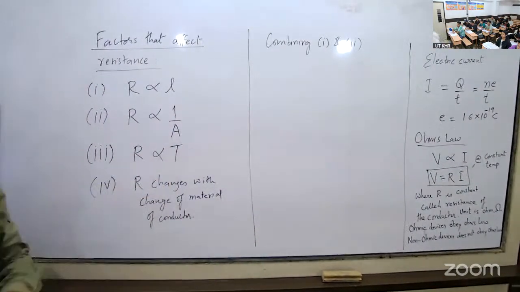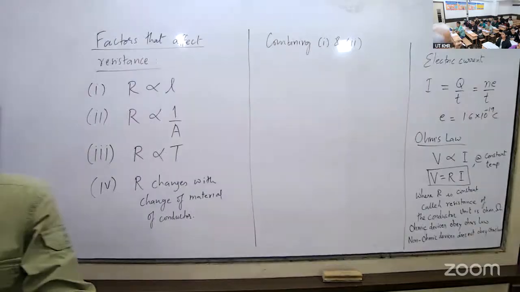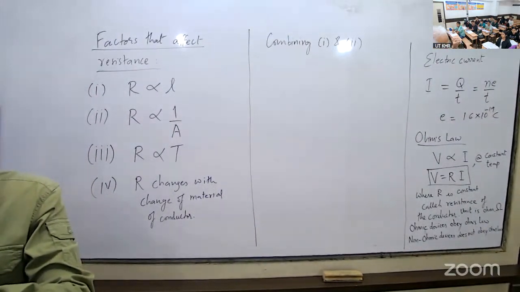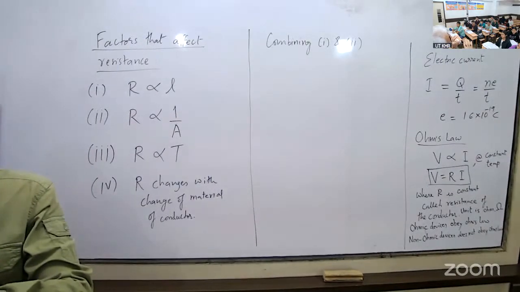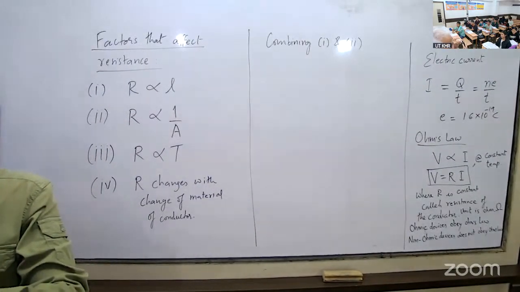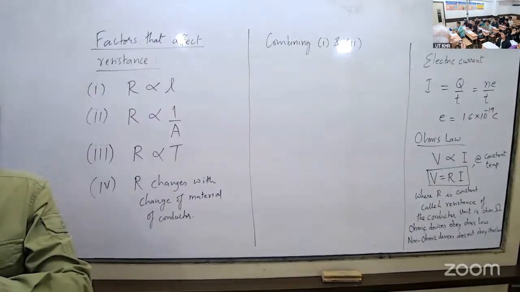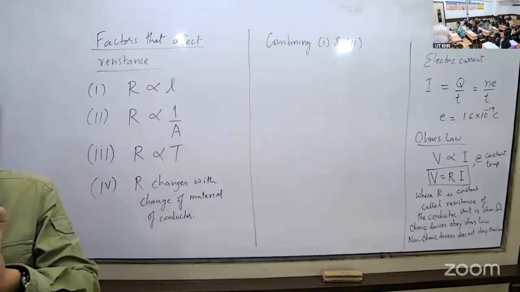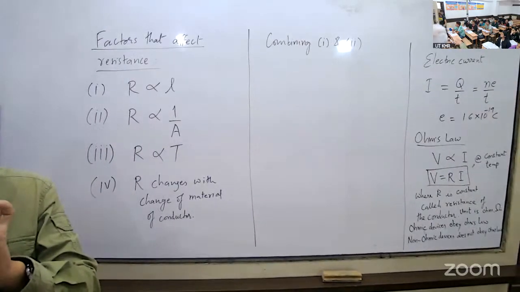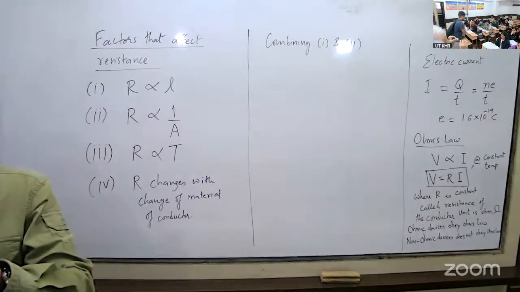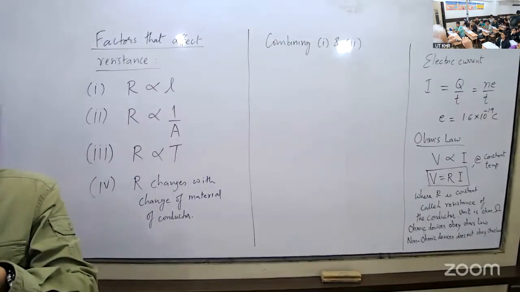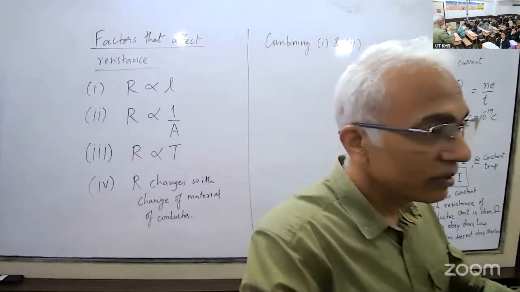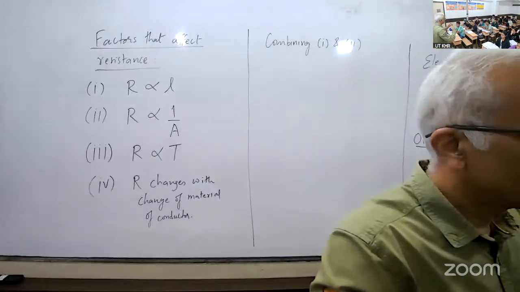Now, when the temperature of the conductor is increased, these stationary positive charges will begin to vibrate. They will not leave their position because they are not mobile. The positive stationary charges are fixed. Only the free electrons in the valence shell move throughout the conductor. So when the temperature rises, those positive charges vibrate, and the movement of electrons is obstructed more.